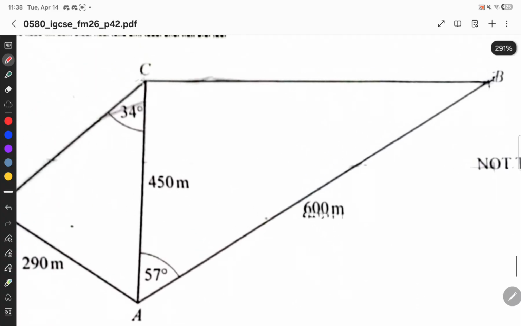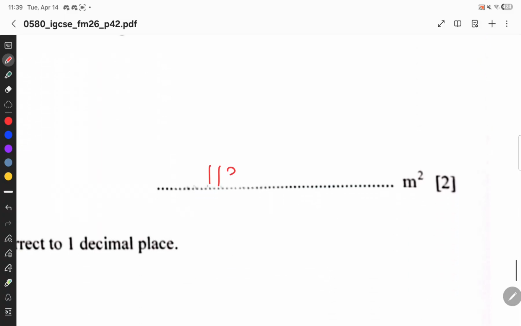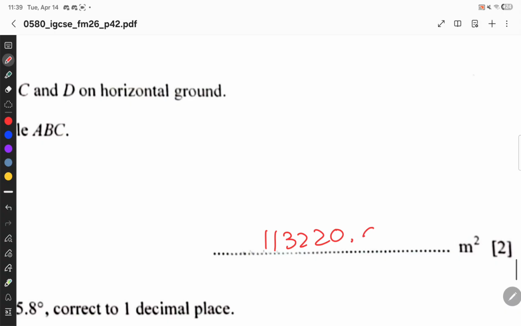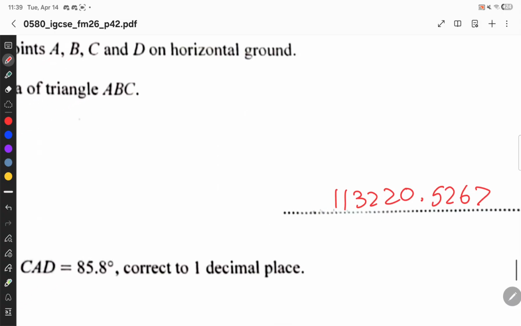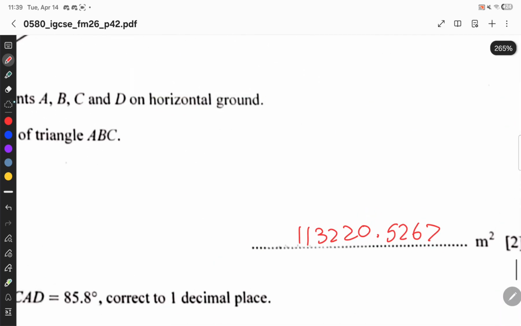So the area is a half times 600 times 450 times sine of 57, which is 1132220.5267. I do not care about rounding. I will just have this.